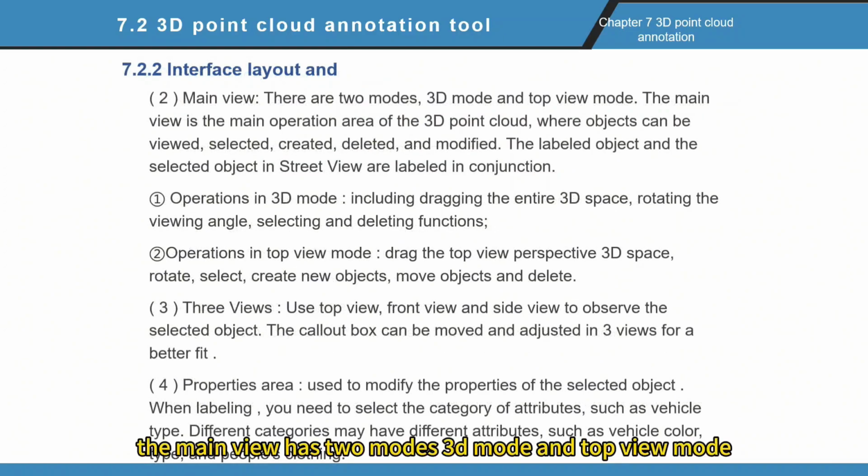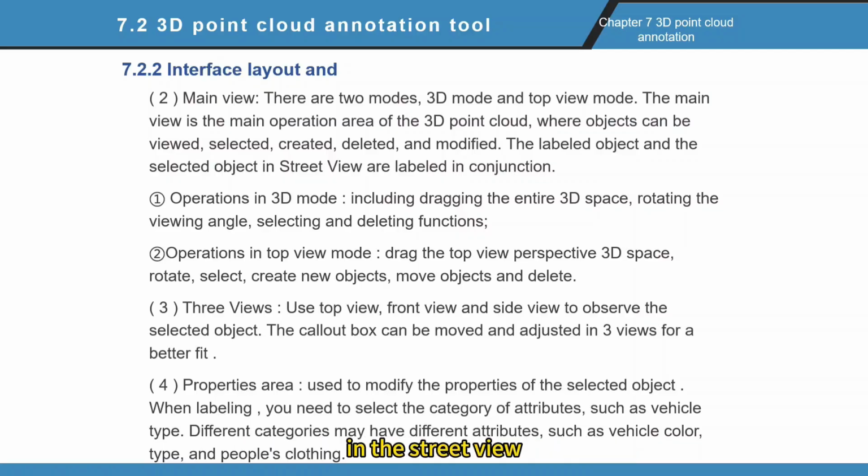The main view has two modes, 3D mode and top view mode. It's the main operation area for the 3D point cloud, where you can view, select, create, delete, and modify objects. The labeled object in the main view is coordinated with the selected object in the street view. In 3D mode, you can drag the entire 3D space, rotate the viewing angle, and perform selection and deletion.